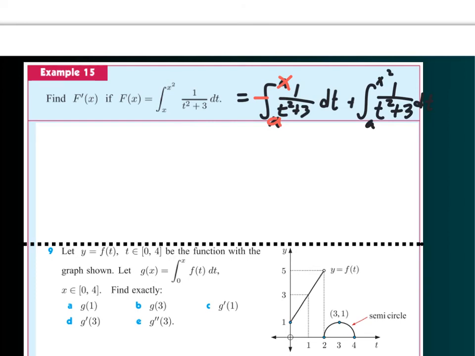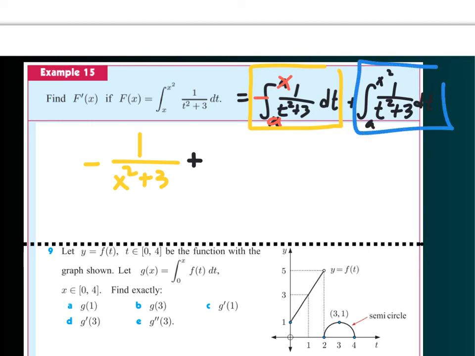All right, so now we go. The derivative, notice that in this piece I will not have the chain rule involved. So the derivative of that piece would be negative 1 over x squared plus 3. And the derivative over here will involve the chain rule.